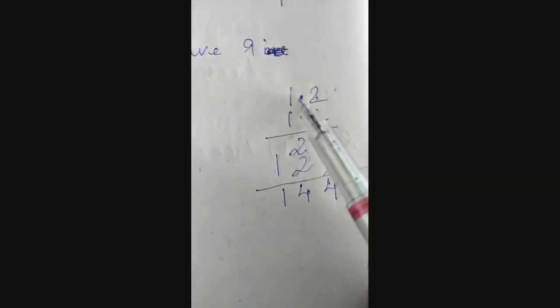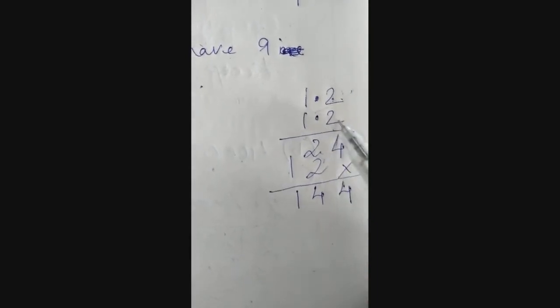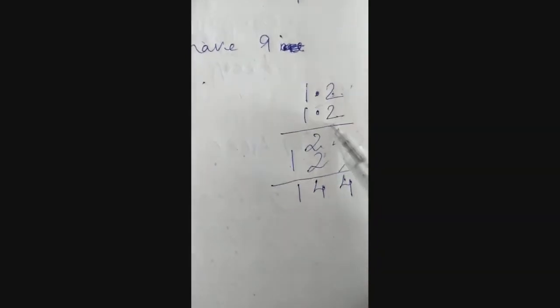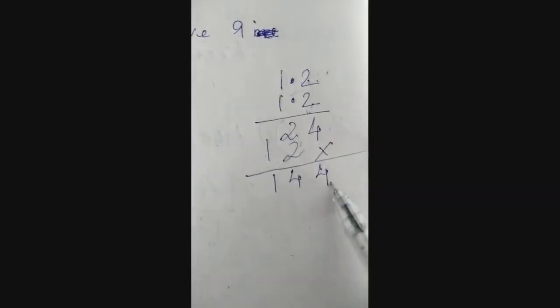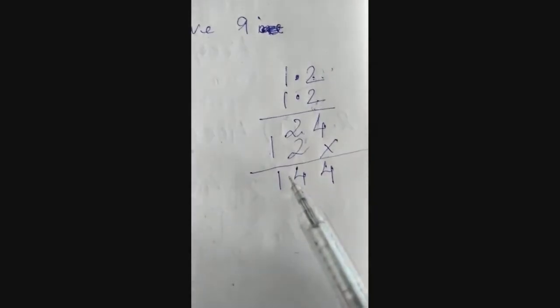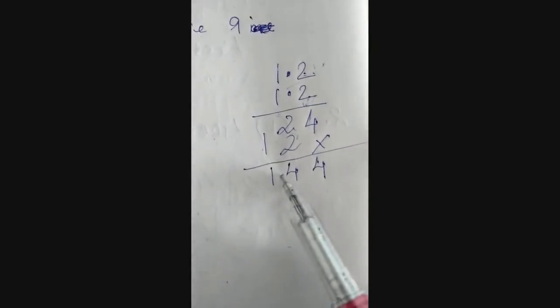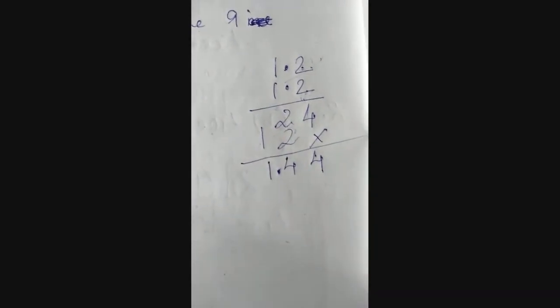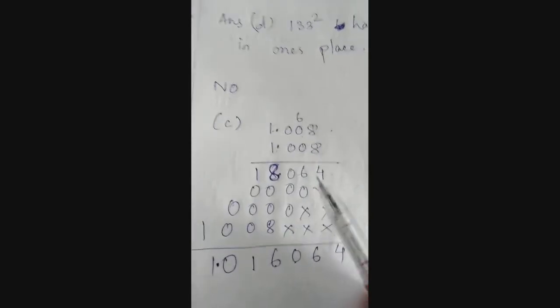Here after the point 1 digit, and here after the point another digit. That means how many digits are there after the point? 2 digits. So what we will do? We will place the point before 2 digits. This is the way we have to find the product and place the decimal point. So here is the answer for you.